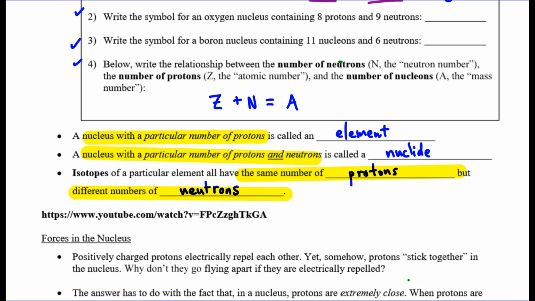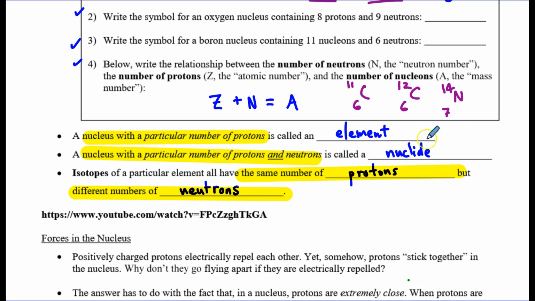What does this mean? What does it actually mean? Well, carbon and nitrogen are different elements, and so is oxygen, because all of them have different numbers of protons. So a particular number of protons is an element. Carbon 11, carbon 12, nitrogen 14.